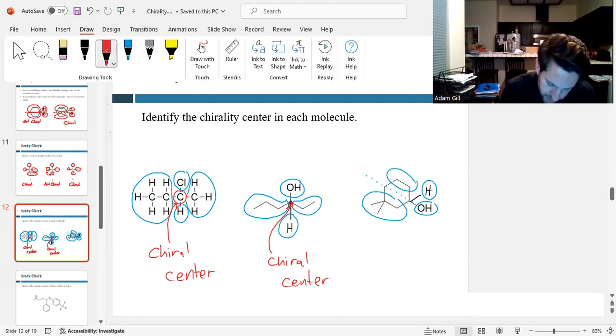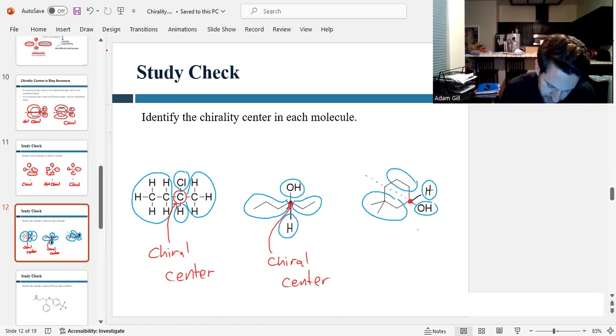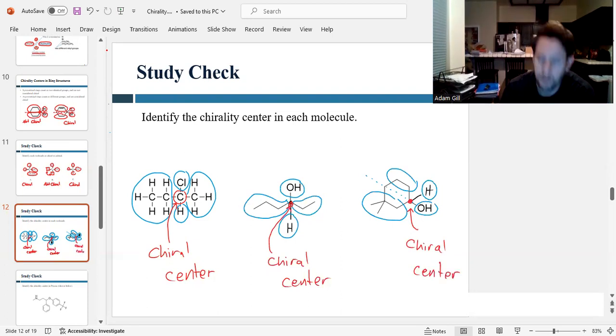So since that ring is not symmetrical, that means that this carbon right there is in fact a chiral center. So those are the chiral centers in each molecule. 4 different groups attached to the same carbon.